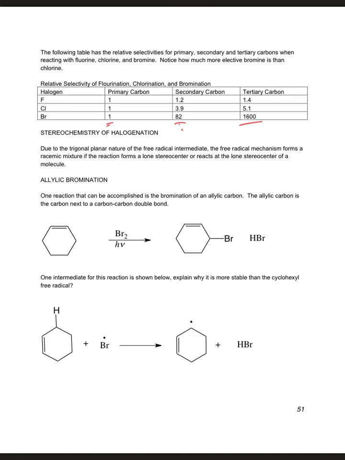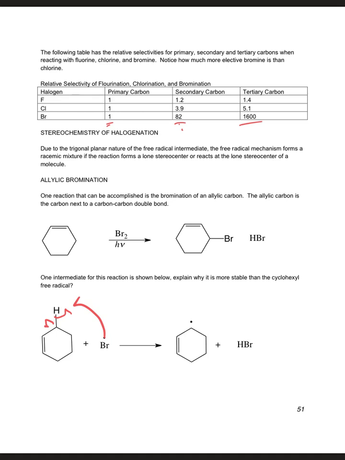Okay, then if we started with cyclohexene, the most favorable radical we can form is not where we add to the double bond, but where we remove the hydrogen on the allylic position.